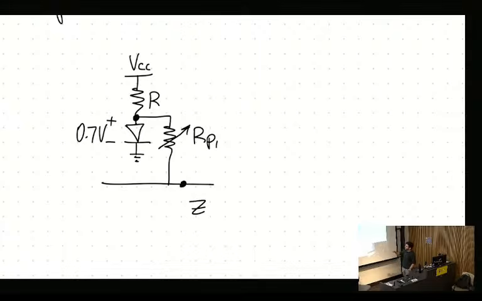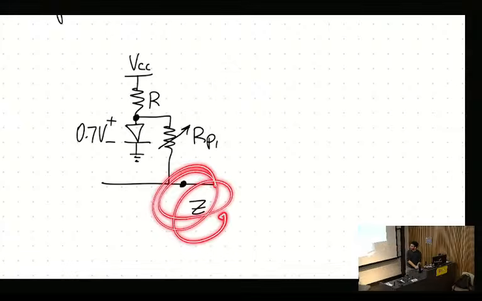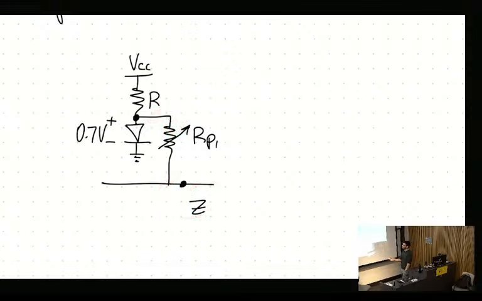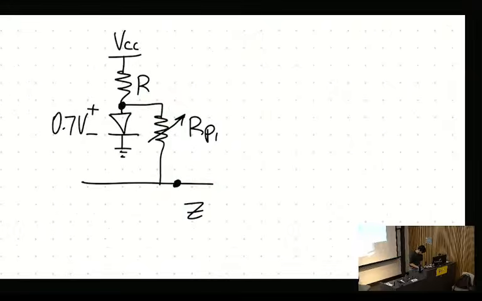Yes. So we need R because we want the bulk of the current to actually go through the diode, right? We only want a small amount of current to go through RP1. If a lot of current goes through RP1, that means whatever's happening at Z now affects this reference voltage. So we don't have an independent reference voltage anymore. And we don't want to form a voltage divider. So for this current, I1, I2, we want most of it to go through here, so we'll call that I3.